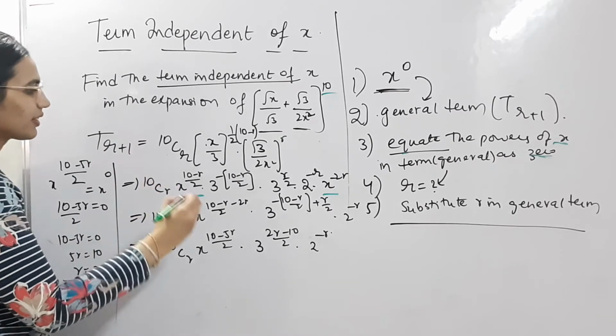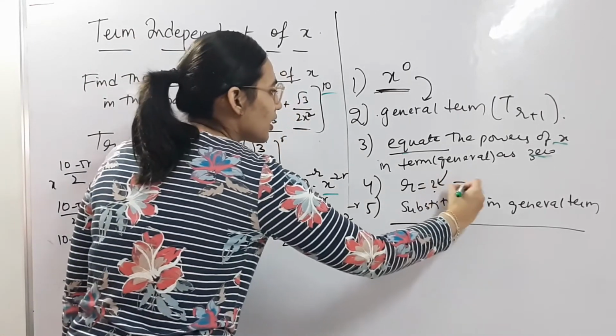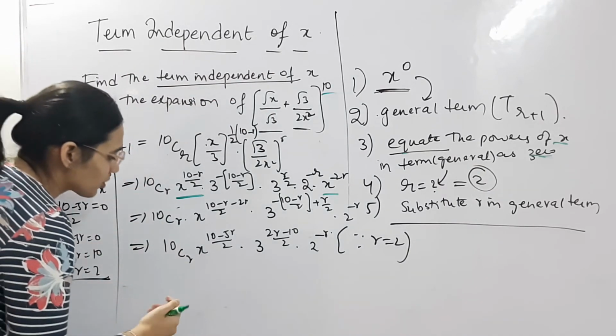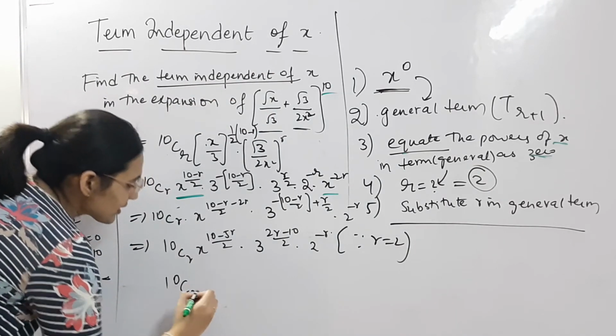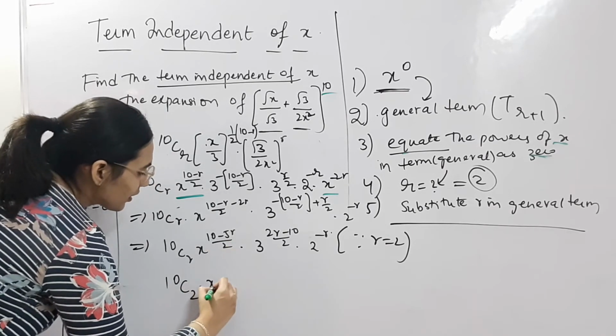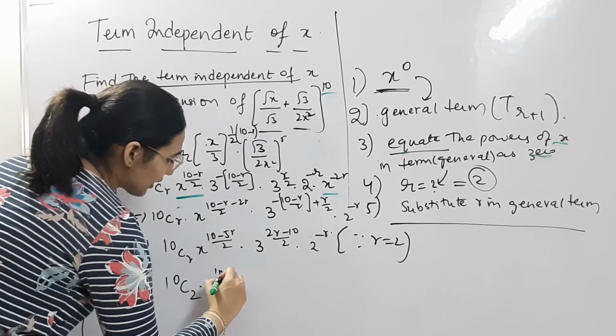So now since we know that r is equal to 2, just directly substitute r in this term. So now what we'll get? 10C2 into x to the power of (10 minus 5r) by 2. 5 into 2, 10 minus 10 by 2, that is 0.